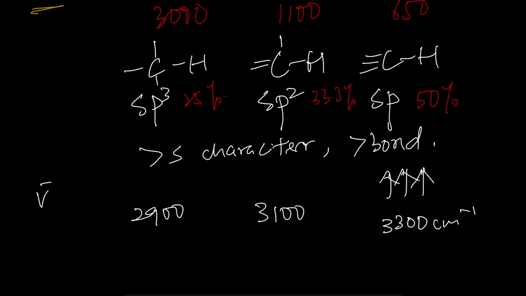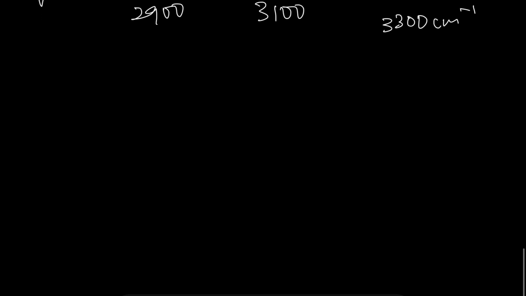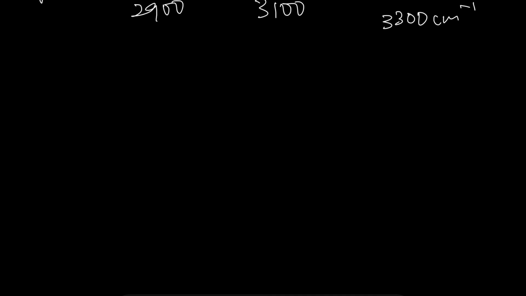So next, let's look at the factors that affect the intensity of the band. The intensity depends on the size of the dipole moment change associated with the vibration. So you have different bonds, different atoms. The greater the change in dipole moment, the more intense the absorption band. Let's compare these three: O-H, N-H, and C-H.